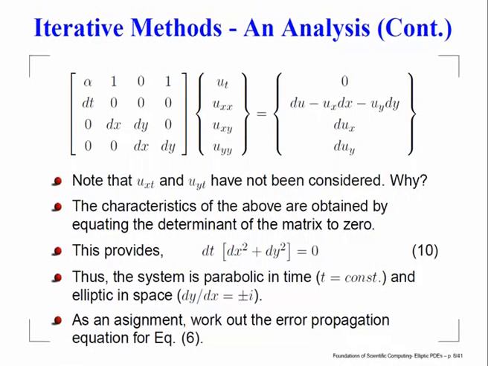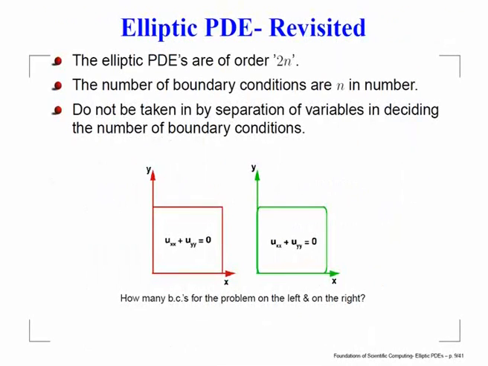Please do understand that all elliptic equations have to be of even order, because if you are going to get complex characteristics, they have to be conjugates. So, always elliptic equations will be of order 2n. That is what I noted down here on top, that elliptic PDEs are of order 2n.